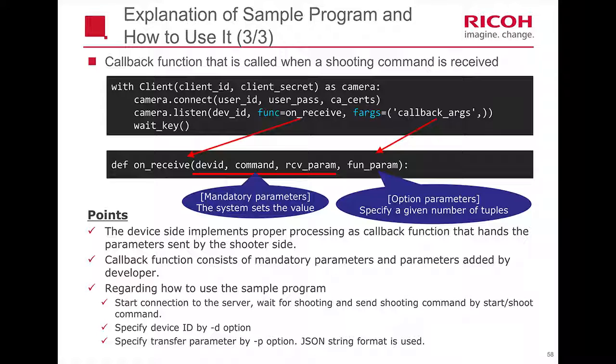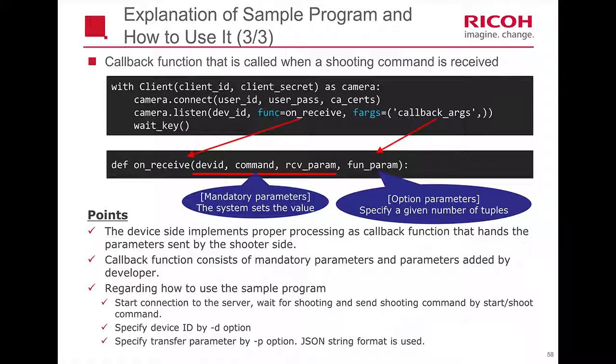The mandatory parameters consist of the device ID, command type, and associated information parameters sent from the shooter side. The number of option parameters should be adjusted to match the number of elements specified for the argument fargs in the listen method. In this example, a string object callback args is specified.